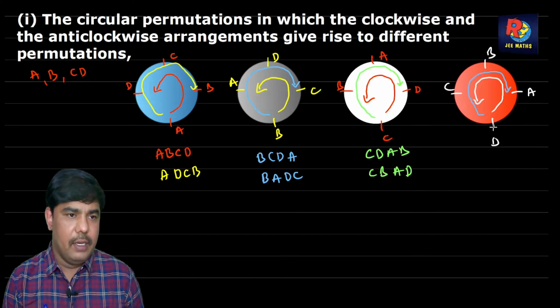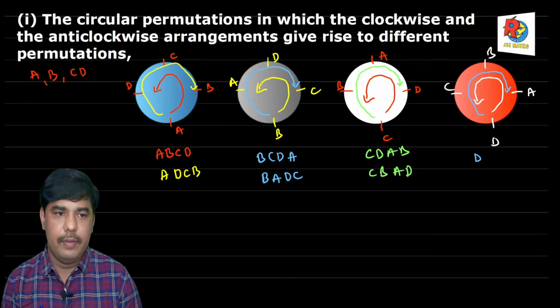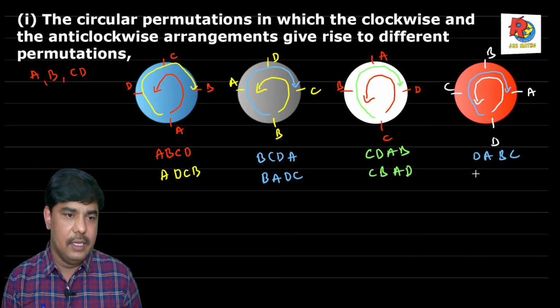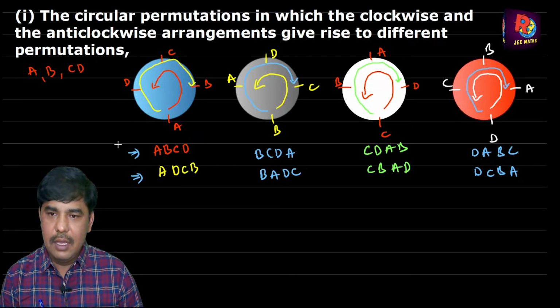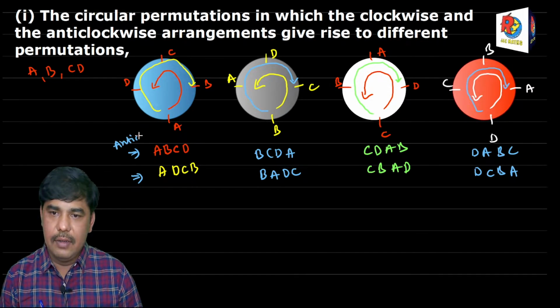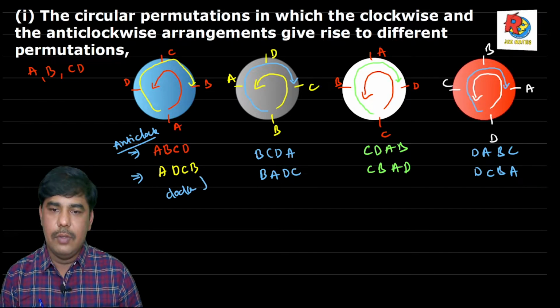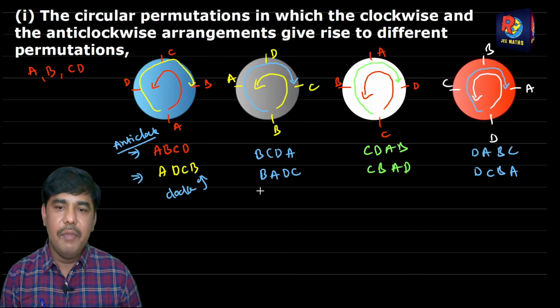Anti-clockwise direction: D, A, B, C, and clockwise direction: D, C, B, A. In these four cases, the first one is anti-clockwise and the second one is clockwise direction. These four are different cases.